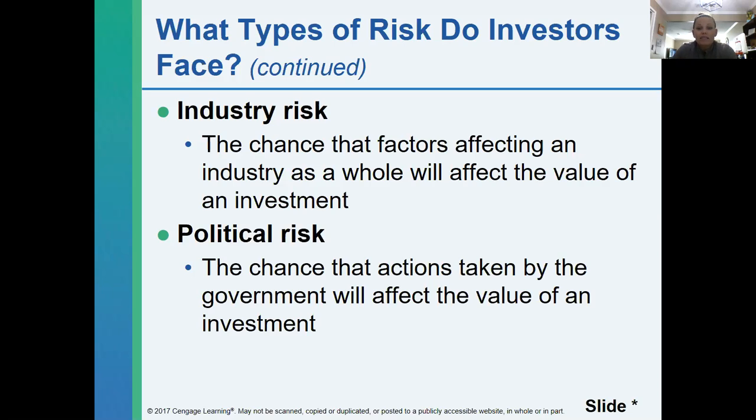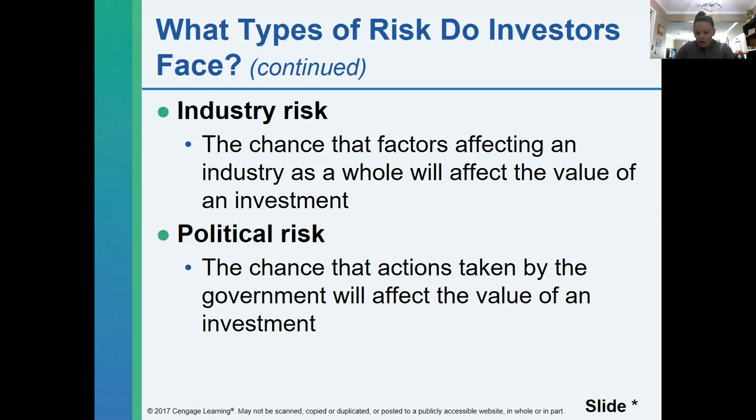Political risk is a chance that actions taken by the government will affect the value of an investment. So if the government makes a new law that will affect where you have your investments, that's when you should be concerned. For example, California, I think Newsom passed a law, I could be wrong on the year, I think it's 2025, that California is going to stop selling gas powered vehicles.